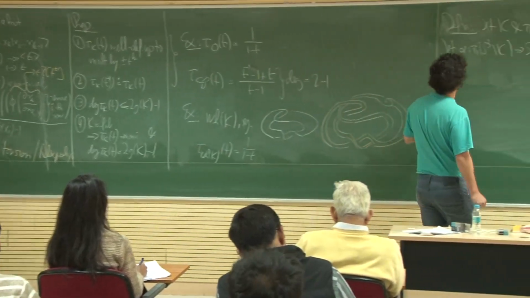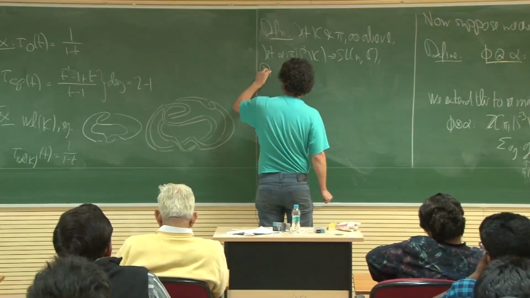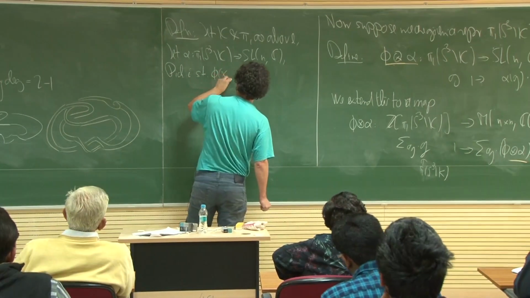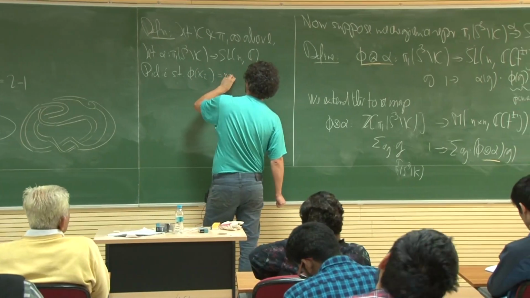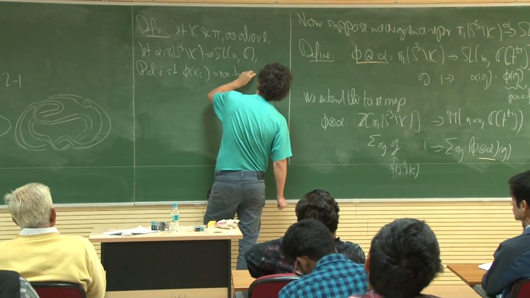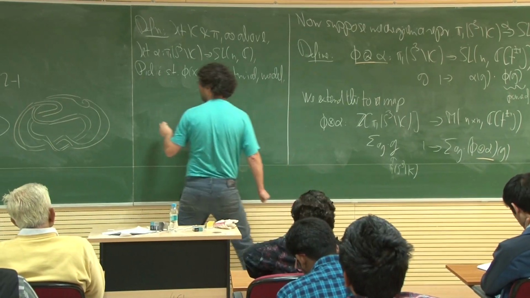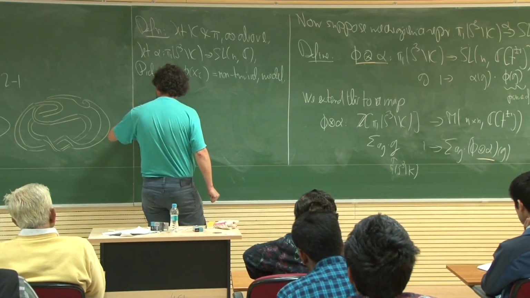So again, I have to pick an i such that phi of xi is non-trivial, and we define tau k alpha.